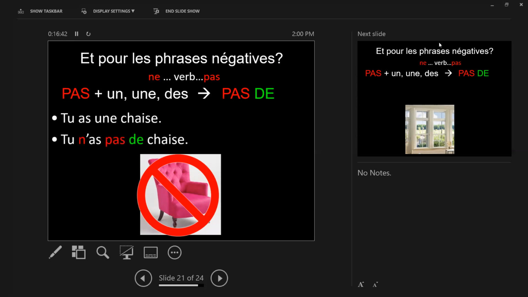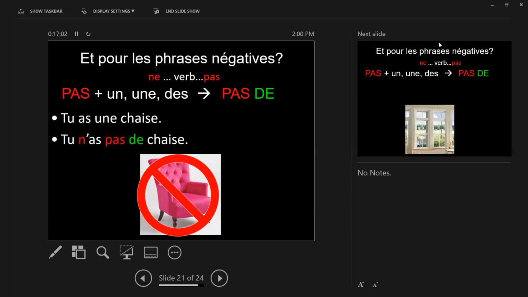And see what you need to do to make it negative. You need to add an apostrophe before the word. You always need to add pas. And then just like we learned on Tuesday, it doesn't matter what the article is, you need to change it to DE.